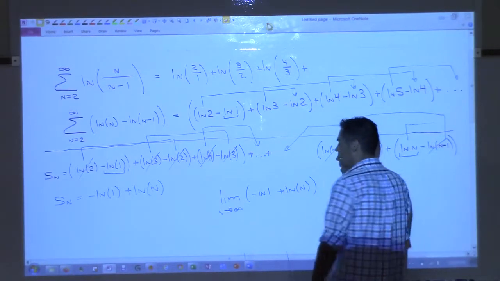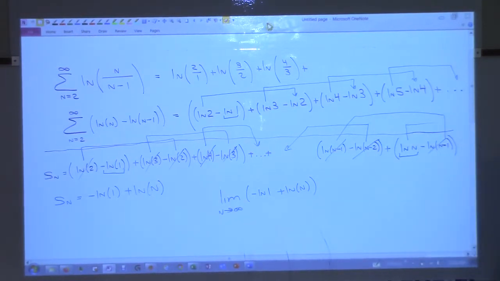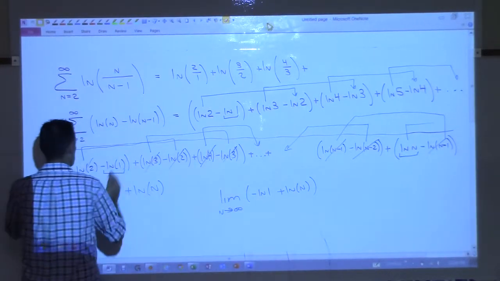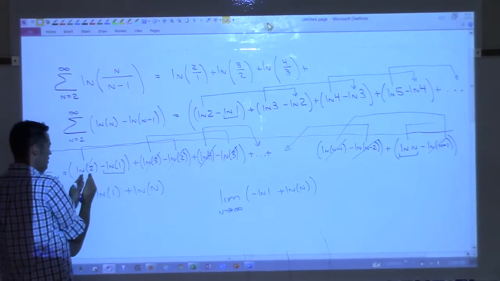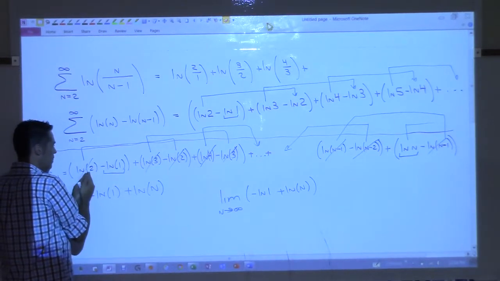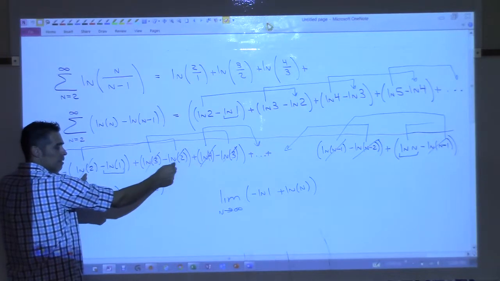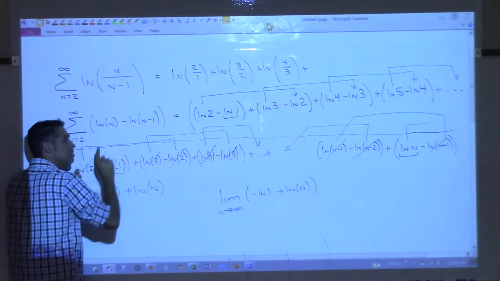I got a question. Before we go on, I'm struggling to see why the ln of n doesn't cancel. How come that doesn't reappear? The pattern that we have established is that if you were the first guy inside of the parentheses, you will cancel with the second guy in the parentheses 1 down. So if you're first, you've got to cancel with someone that's that way.